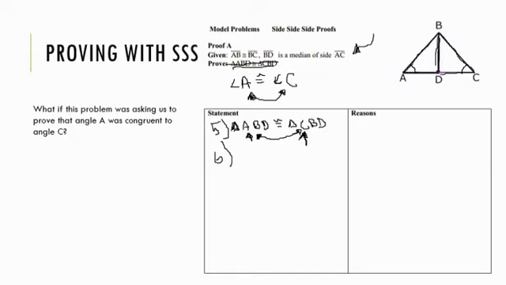So we can say, yes, they're corresponding parts of congruent triangles. So I can say angle A is congruent to angle C because of CPCTC. Corresponding parts, angle A and angle C are corresponding, of congruent triangles. We just proved that these two are in fact congruent.